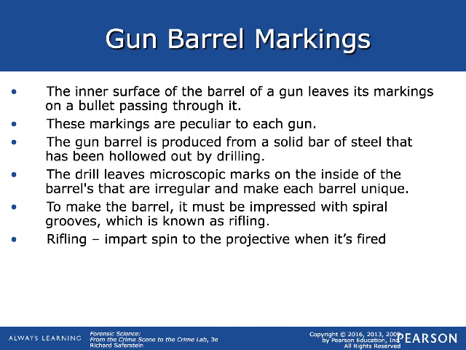Okay, in order to make a barrel for a rifle, they make spiral grooves through it, and that's called rifling. The purpose of rifling is to impart spin to the projectile when it's fired, and that helps keep the bullet going on a straight path towards where you're trying to get it to go.